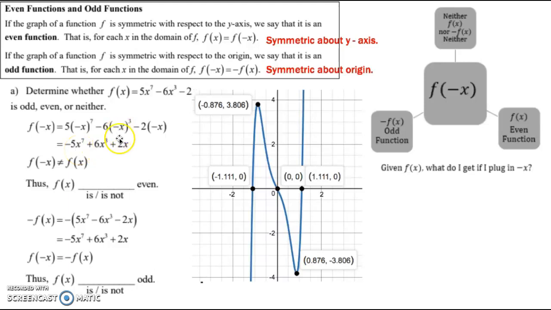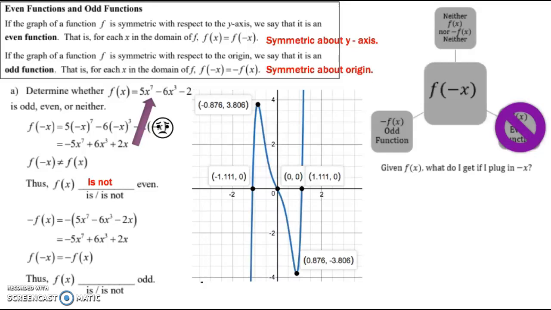When I multiply negative x cubed, I end up with a negative x times negative 6, which is positive 6, and negative 2 times negative x is positive 2x. I do see that f of negative x, when I plug it in, does not equal the regular function itself, so I know that it is not even. So for sure our function is not even.